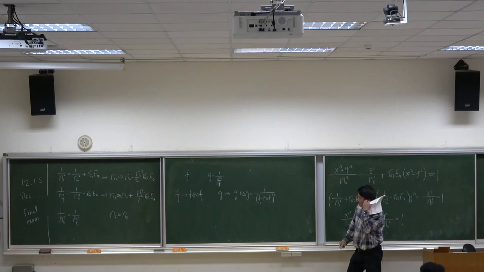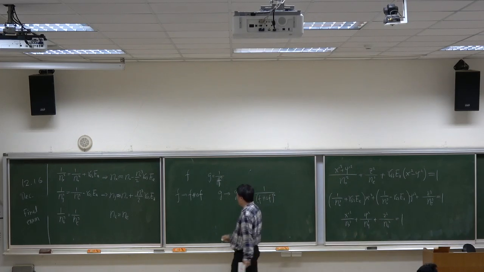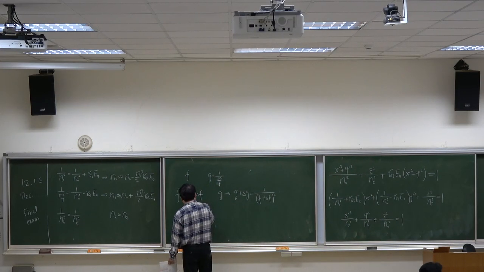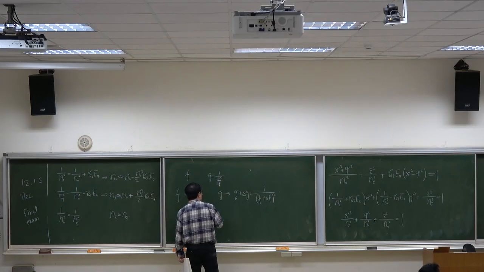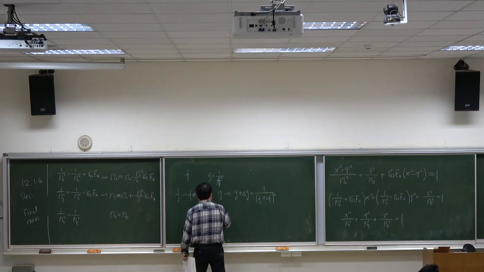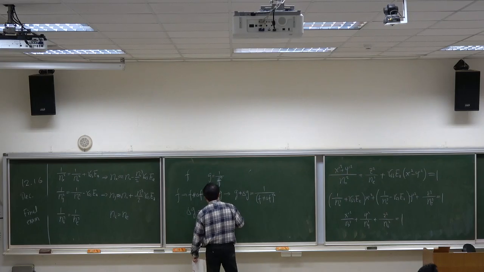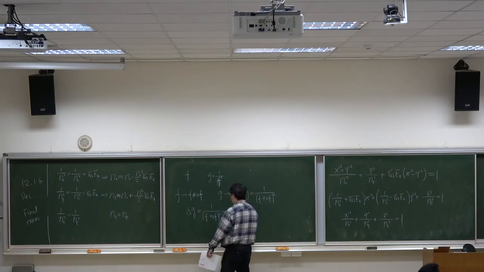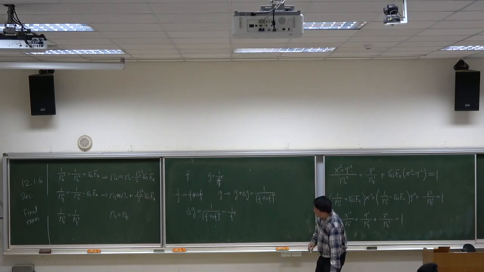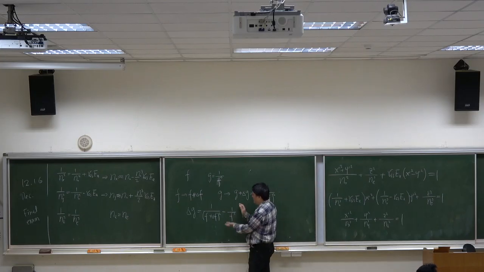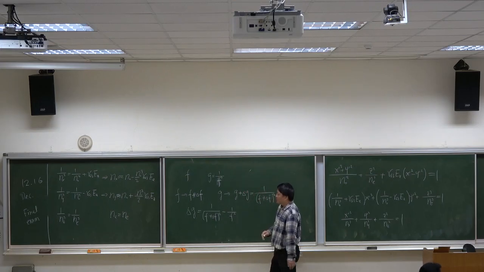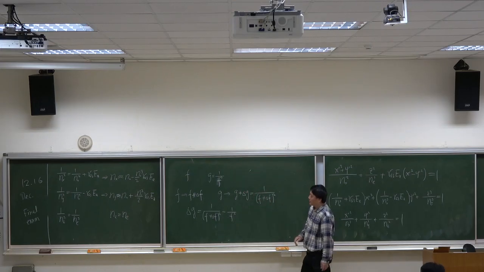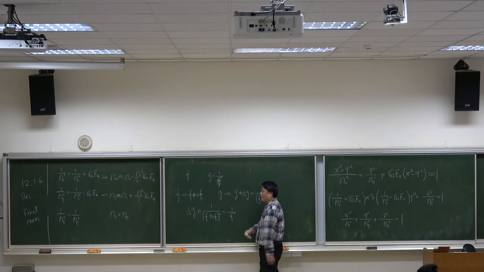Okay? So, what is delta g? Delta g is this. We can find this result approximately by using Taylor expansion or something like that.